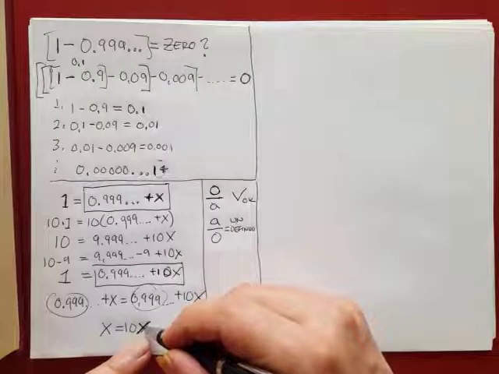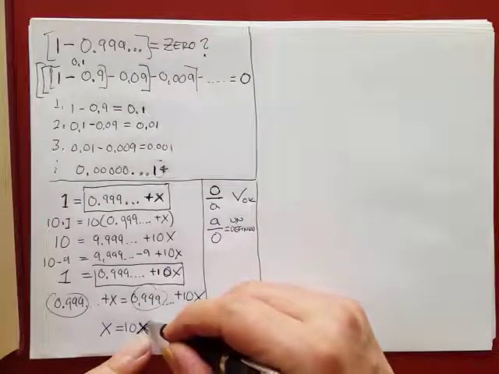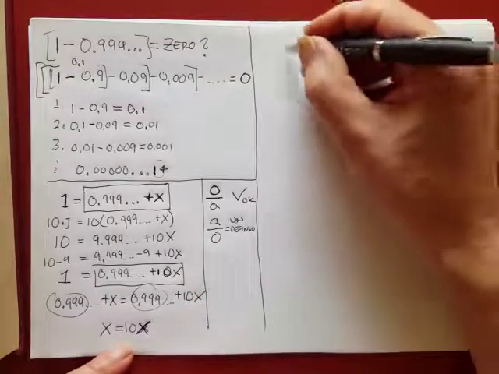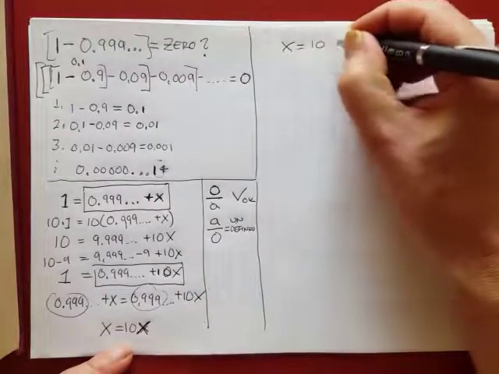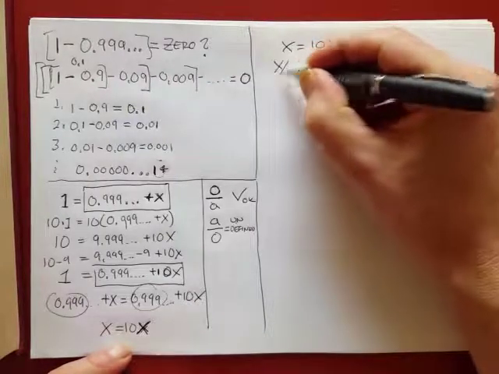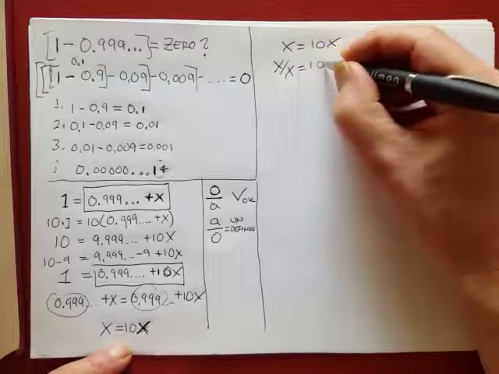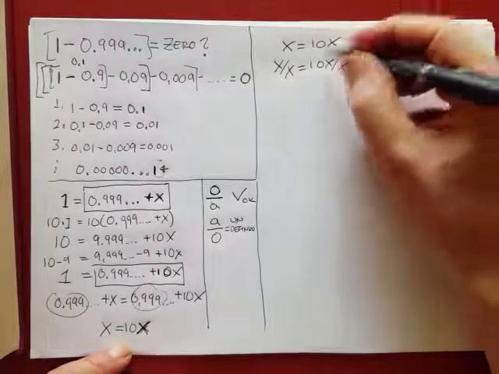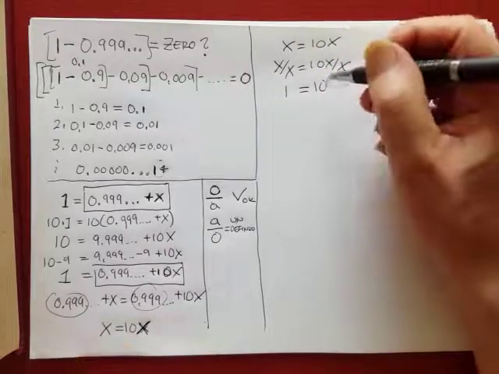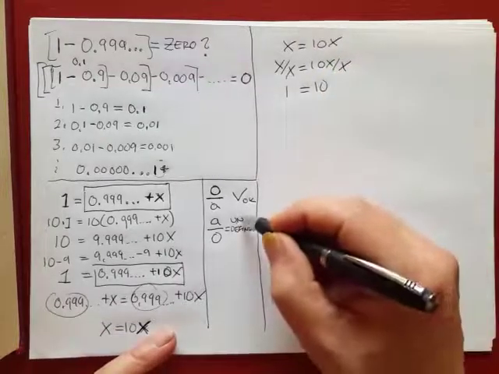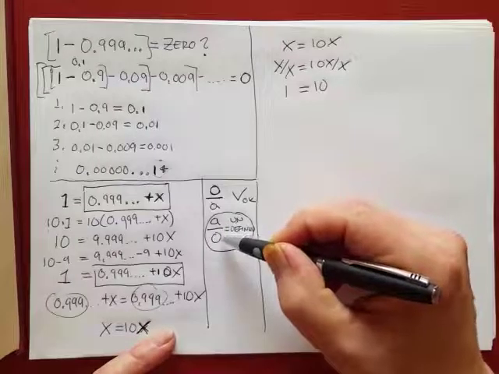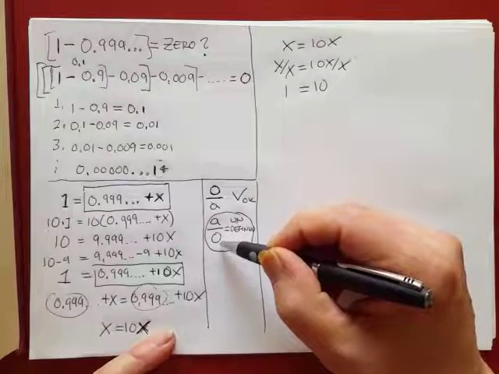Because if we divide, we could get rid of the x here by dividing by x on both sides. So x equal to 10x. If we divide by x on each side, x divided by x equal to 10x divided by x, then we get 1 equal to 10, which is not true, and which is why division by 0 is not allowed.